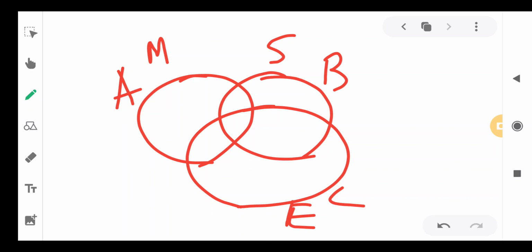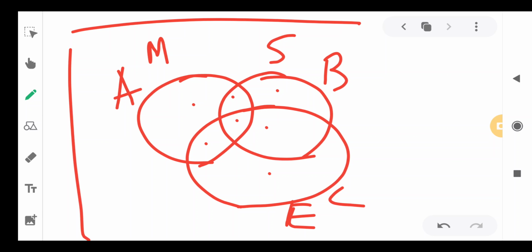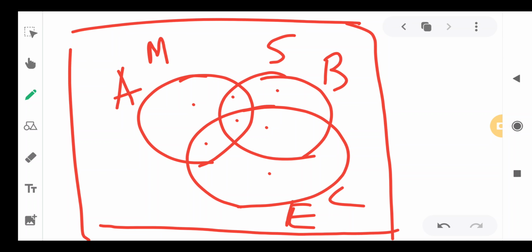See how many regions are formed: 1, 2, 3, 4, 5, 6, 7, and with mu as the universal set, there will be 8 regions in this.